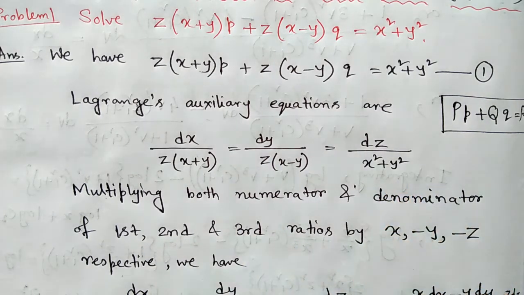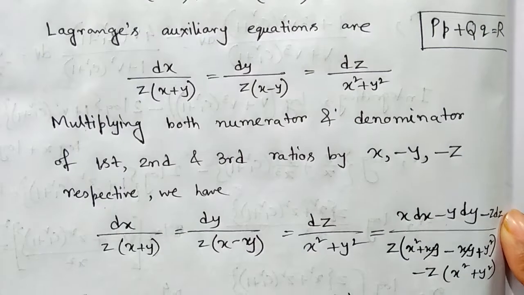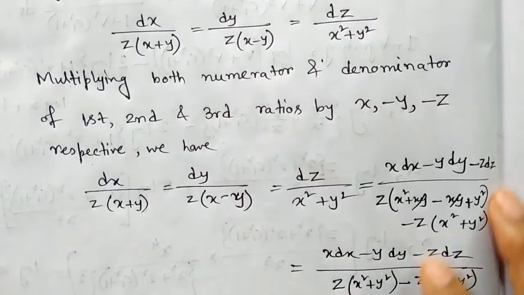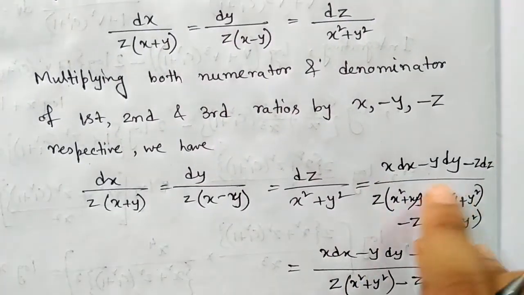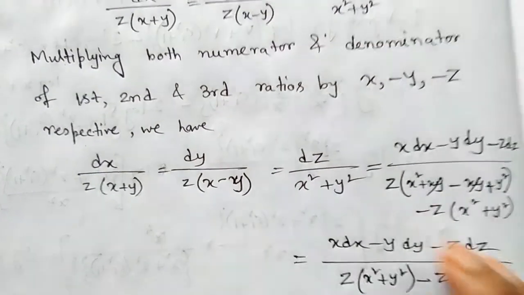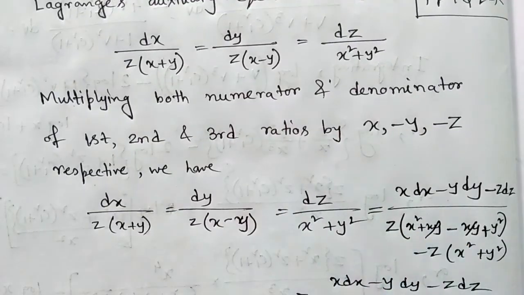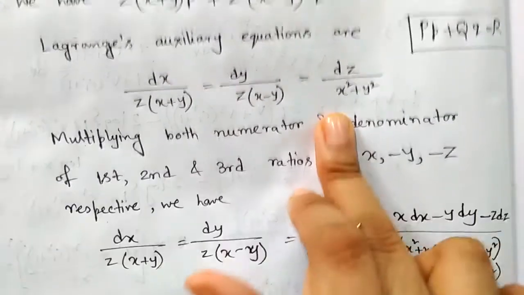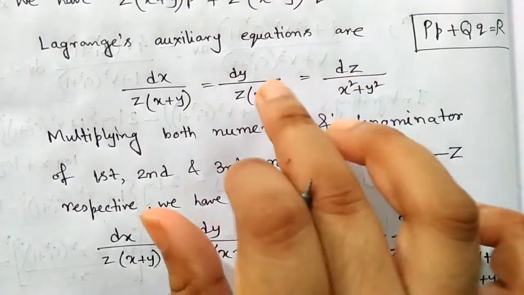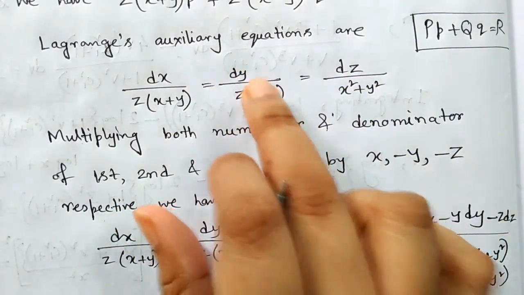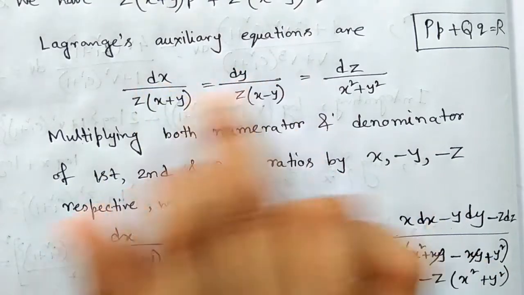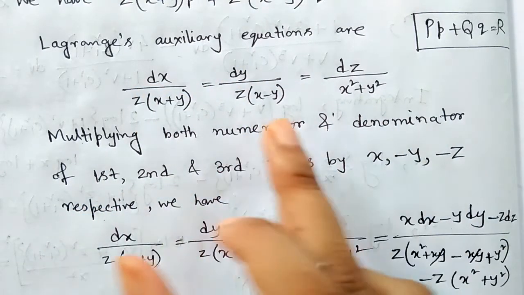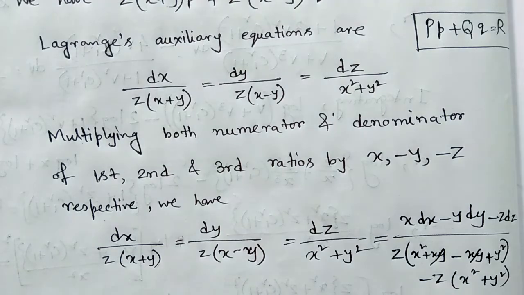We need to turn this denominator part to 0, or many times convert this denominator portion to the same as the denominator of one of the two ratios, so that we can cancel out and integrate to find the solution.